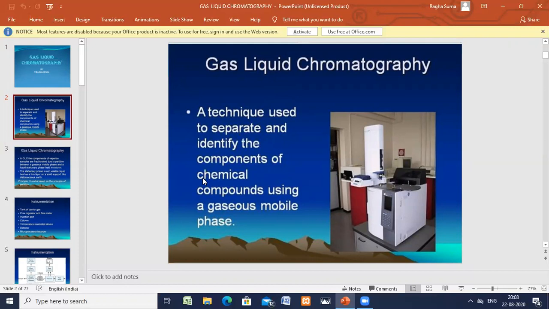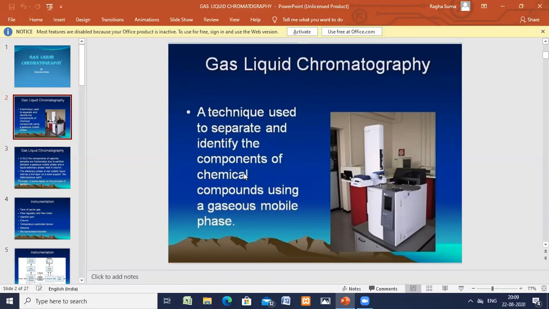For example, it is possible to separate all 10 isomers of heptane in less than 10 seconds. This is an example of how we can explain the speed.